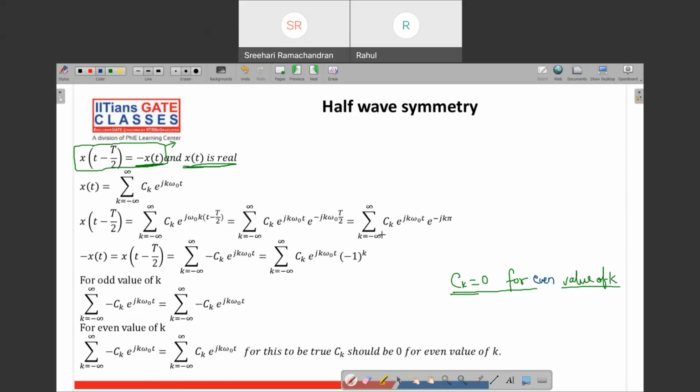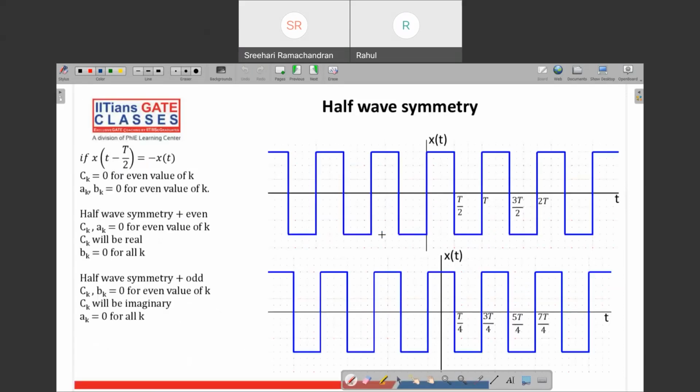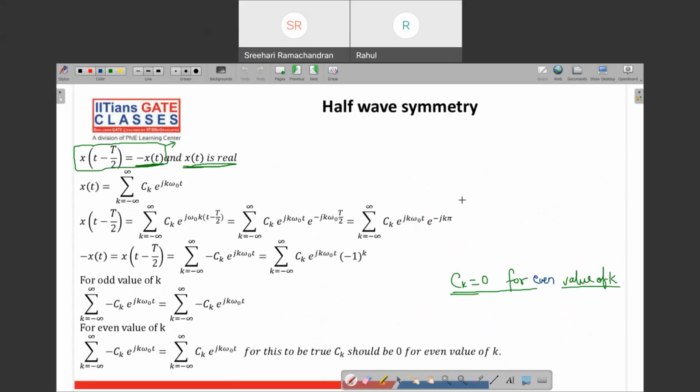After half-wave symmetry, there is something called quarter wave symmetry. What is quarter wave symmetry? Let's say you have a half-wave symmetric signal that is also even. We call this even quarter wave symmetry.